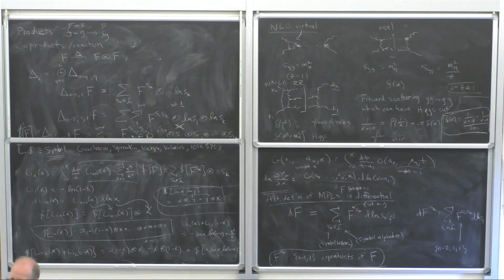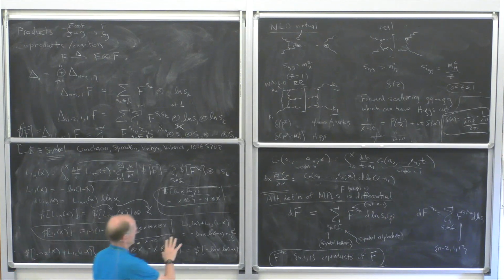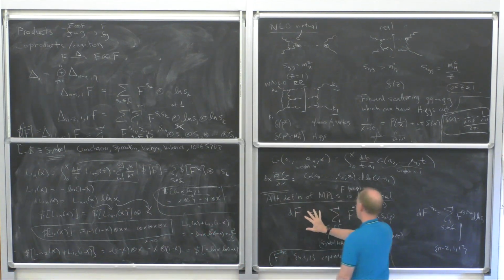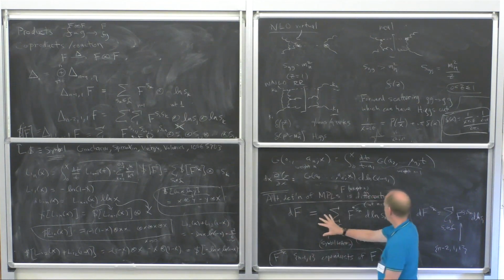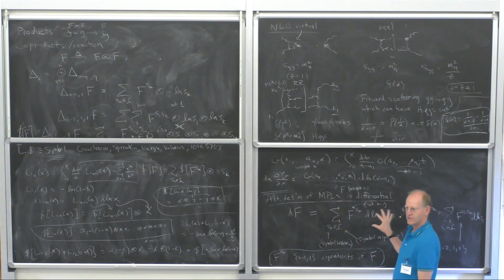Yeah. But you just sort of need to know it at one constant, so at one point. So to say it another way, I would say that the symbol is a starting point, but you can actually work with the n minus 1 comma 1 coproduct instead.